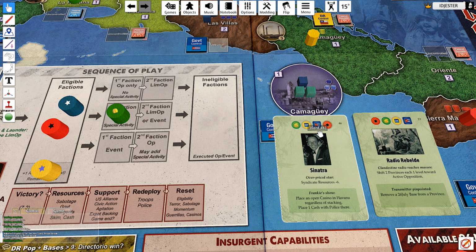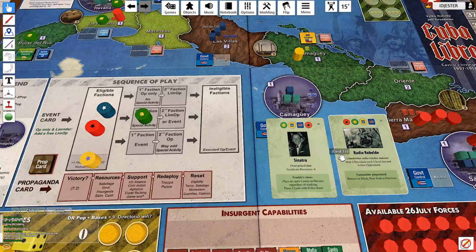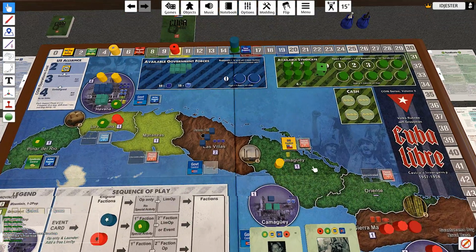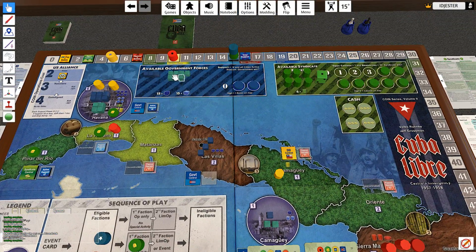So blue's thinking to himself, I'm second player, which means I could take the event. And in this case, the event is Syndicate Resources -6, which is not a huge, great event. You just knock the Syndicate down 6 points in resources.